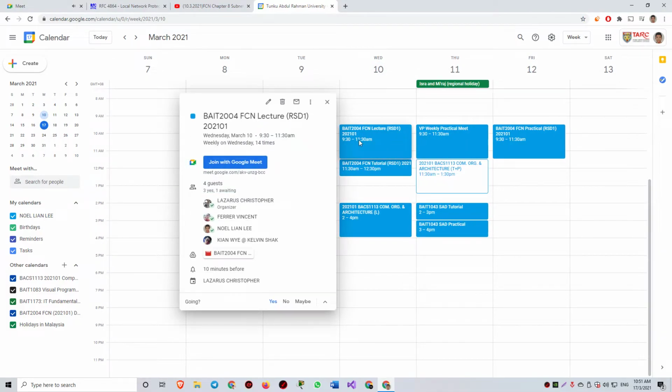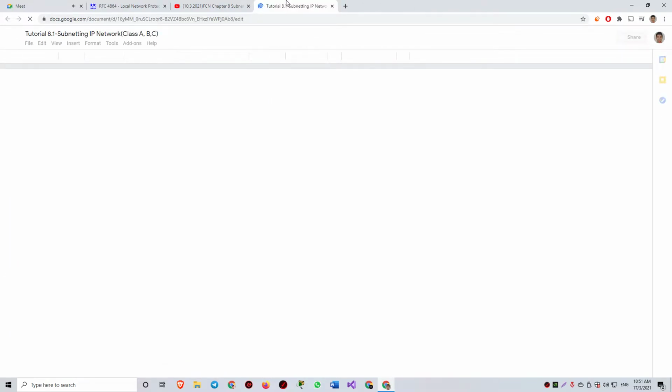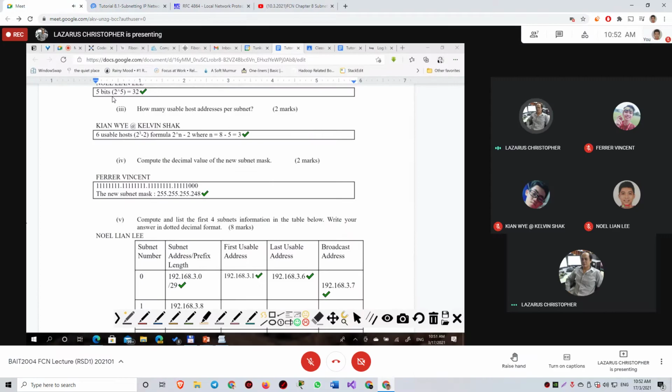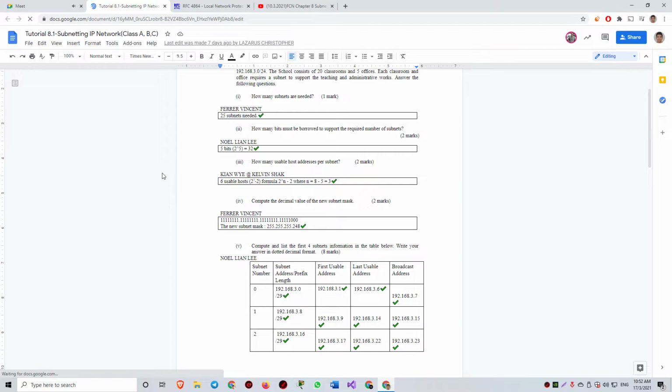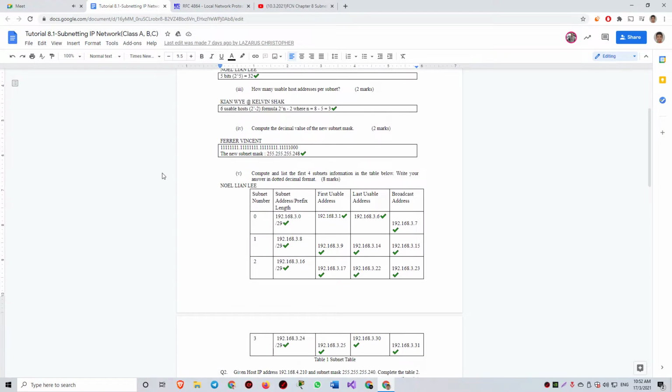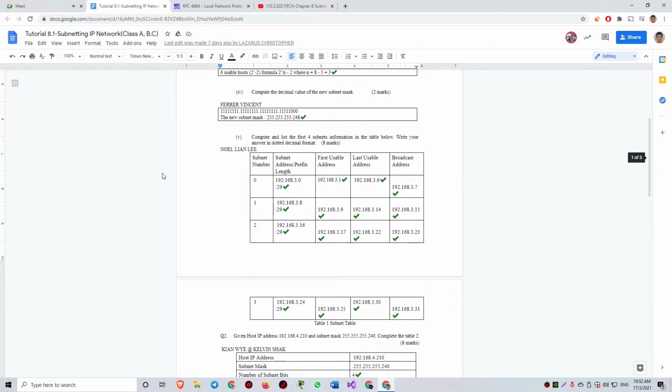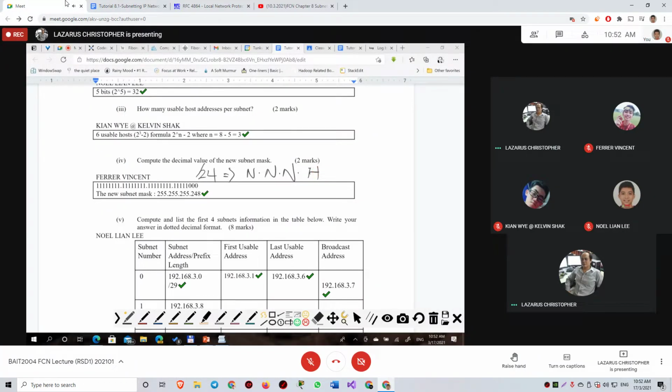We go to part 4. Here we compute the decimal value of the new subnet mask. Because our address is /24, that means network and host, where each part is 8 bits. We are interested in the network part, so adding them gives 24 bits.